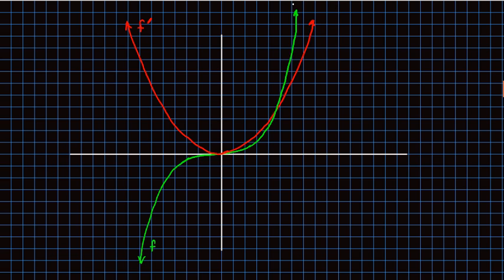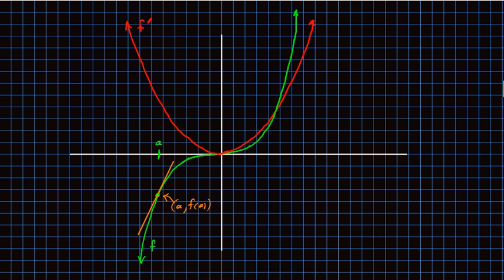For example, if I wanted to talk about the derivative of f at this particular point a, what would that be? That would be the slope of this tangent line, the line tangent to the graph of f at this point. This point is the point (a, f of a).